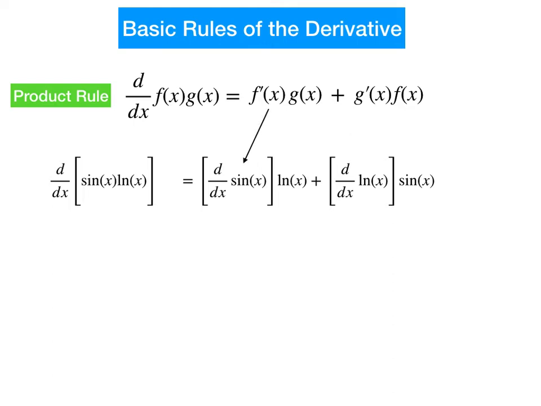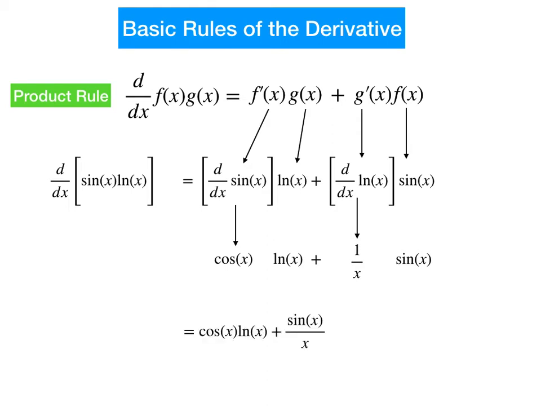In this case, f prime of x is the derivative of sine of x, g of x is natural log of x, g prime of x is the derivative of natural log of x, and f of x is sine of x. So then, as we know, the derivative of sine of x is cosine of x multiplied by natural log of x, plus the derivative of natural log of x, which is 1 over x, multiplied by sine of x.